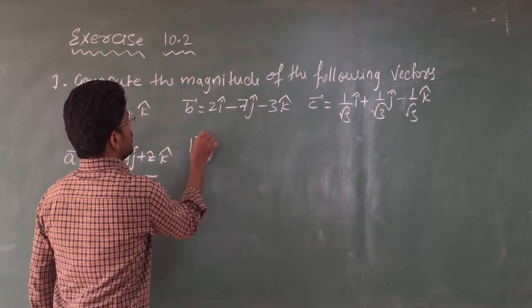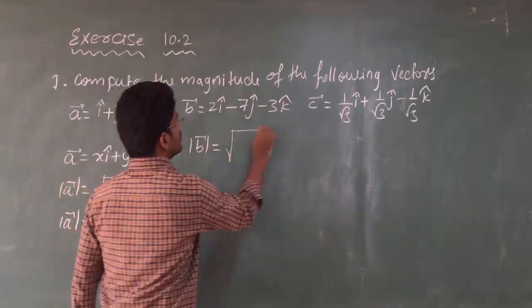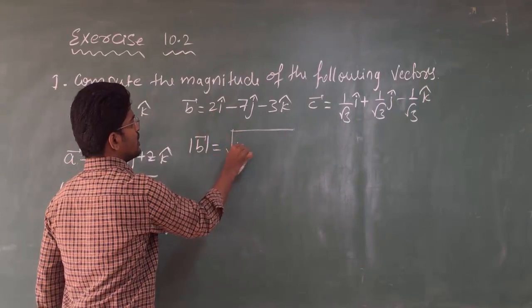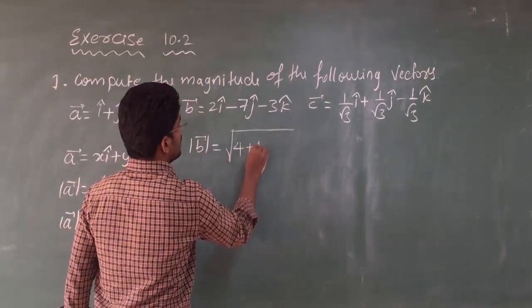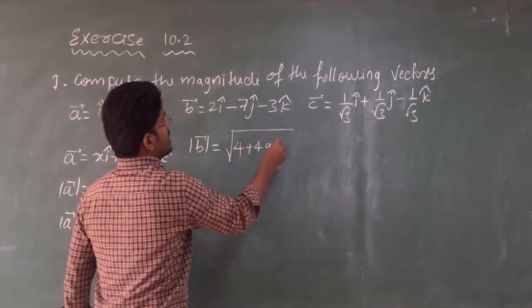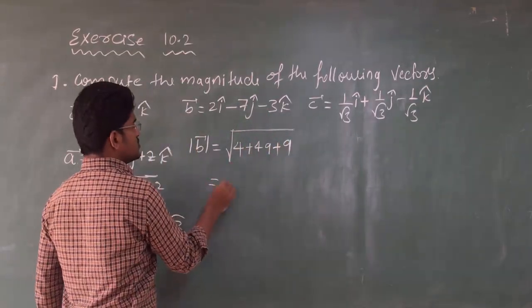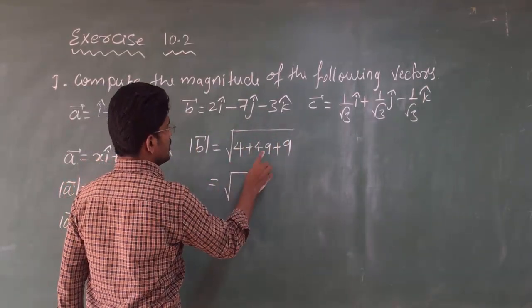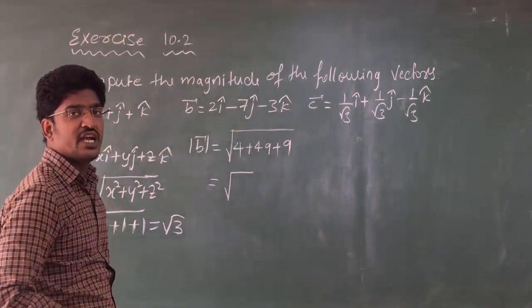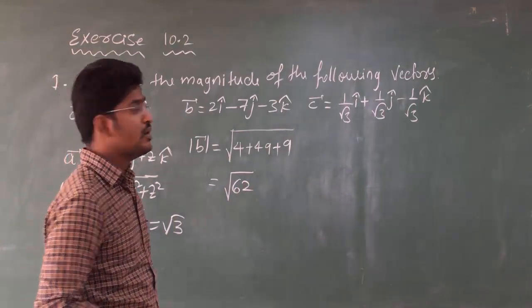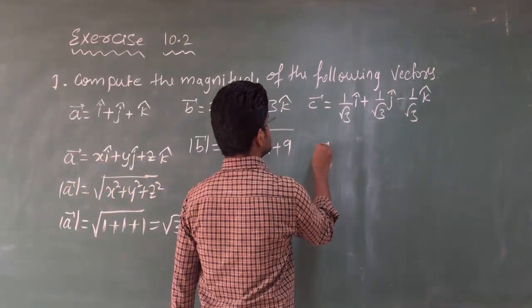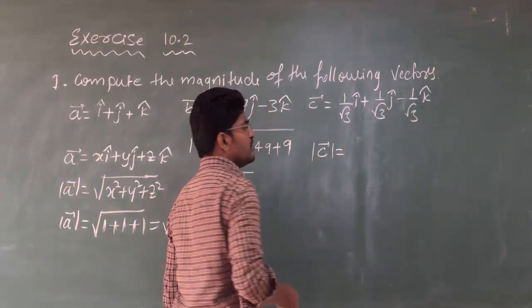Magnitude of B: square root of 2 square is 4, minus 7 square is 49, minus 3 square is 9. So it will be 49 plus 9, 58, 58 plus 4, root 62. Clear?